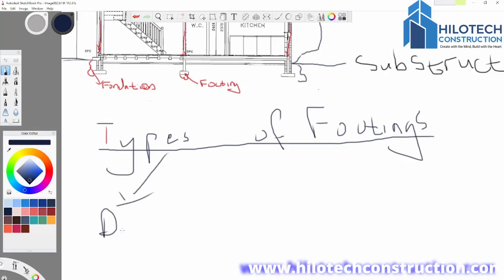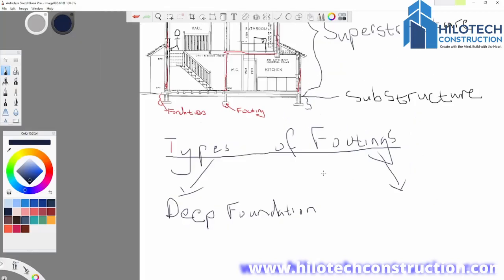You have the deep foundation, and you have the shallow foundation.